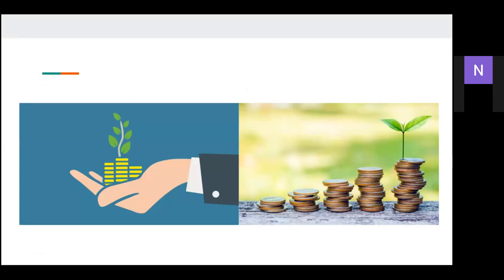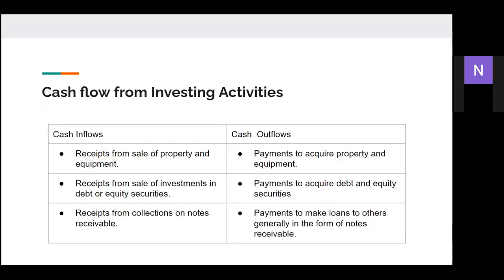Next slide na po. So, when we say cash flows from investing activities, include making and collecting of loans, acquiring and disposing of investments in debt or equity securities, and obtaining and selling of property and equipment and other productive assets.